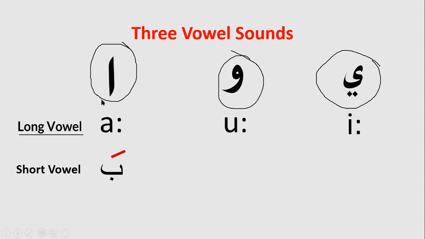We just pronounce it as a short vowel, only ba. If you write ba like this with alif, I'll pronounce it ba, long. If I write another one like this, it is baba.